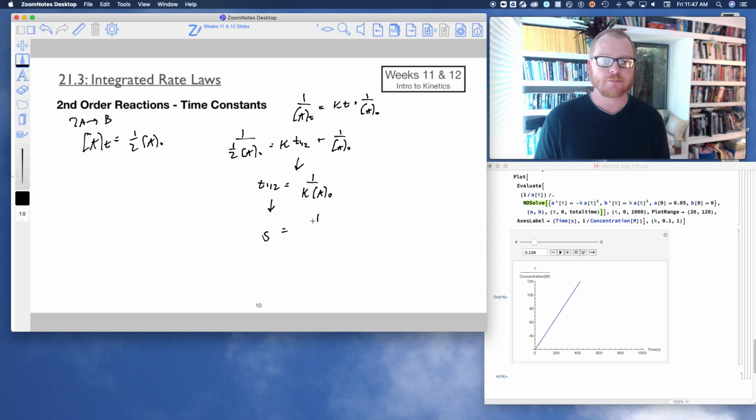Well, I know my concentration is in moles per liter. So that's why this k has to be liters per mole per second, because the liter and the liter cancel, and the mole cancels, and 1 over seconds equals a second, okay?